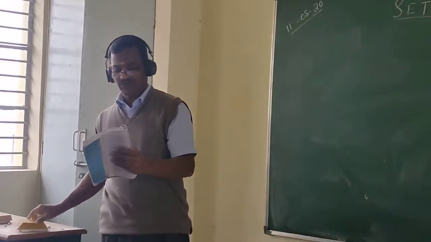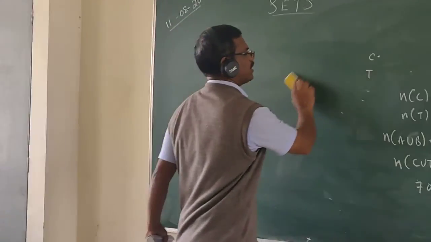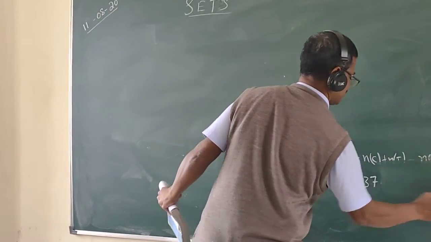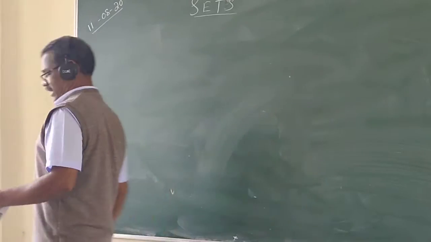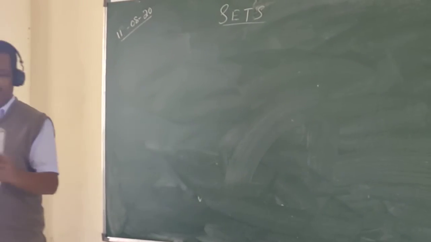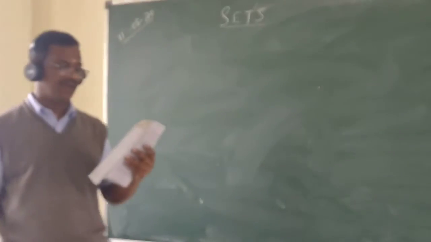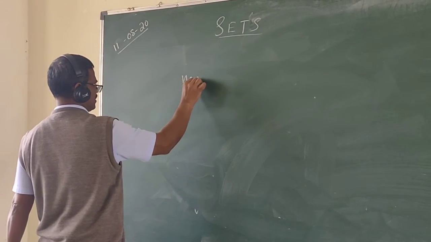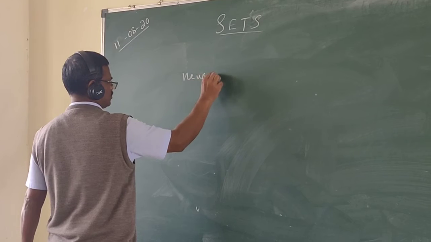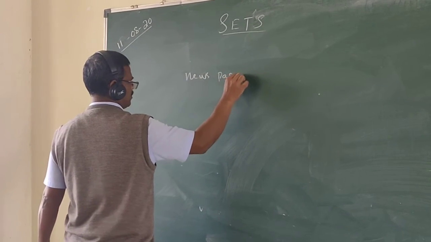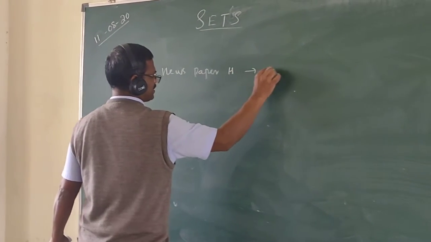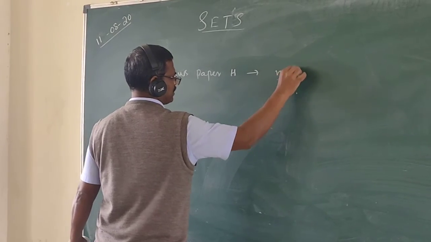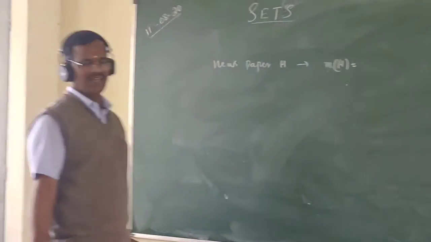In a survey of 60 people, so the total members in the survey is 60. It was found that 25 people read newspaper H. Let me mark this number of H, the number of people who read the H paper.